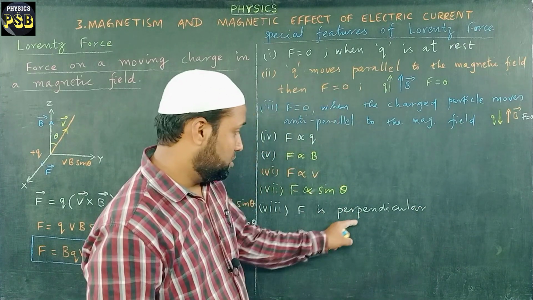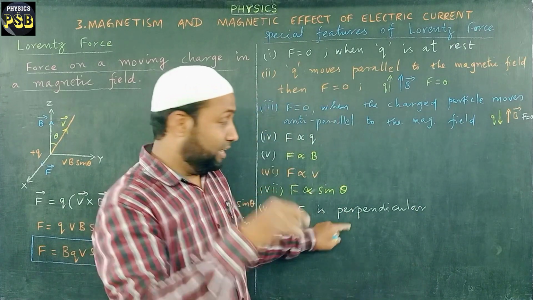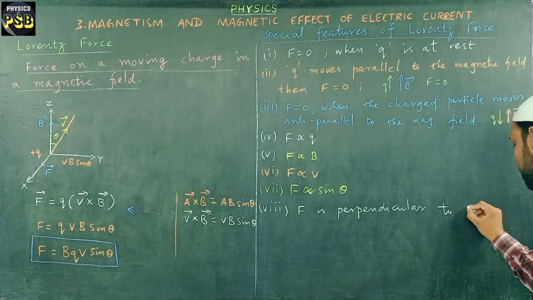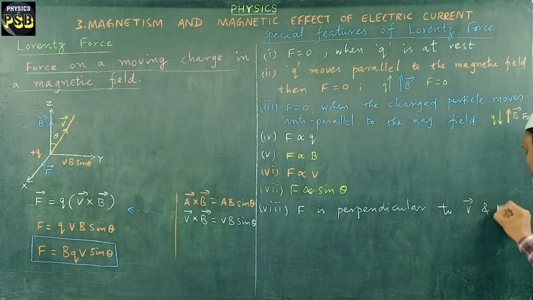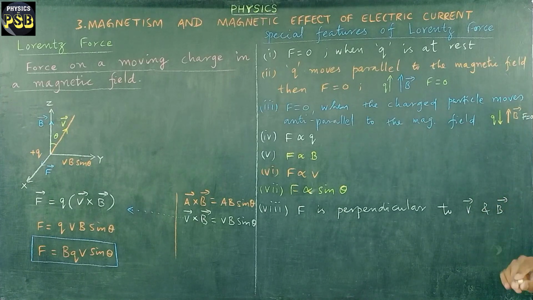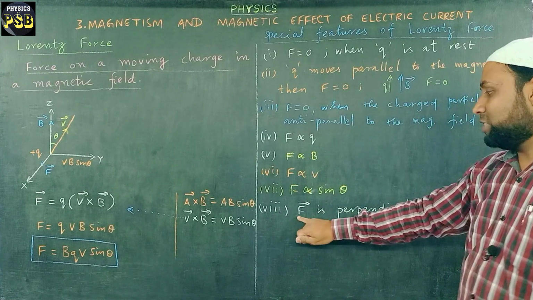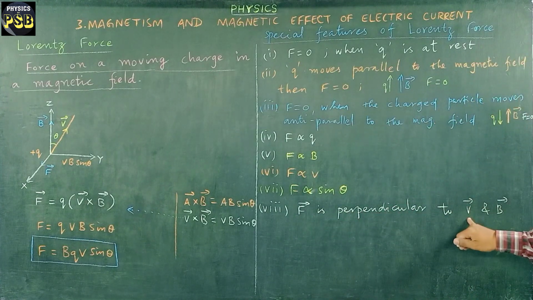Perpendicular means acting at a 90-degree angle. Perpendicular to V and B. Here, the force acts perpendicular to the velocity and the magnetic field.